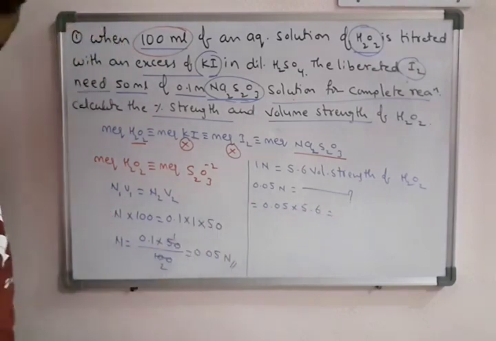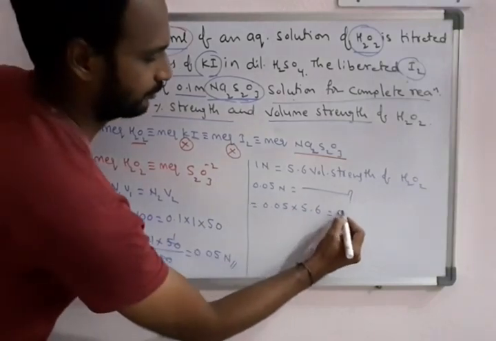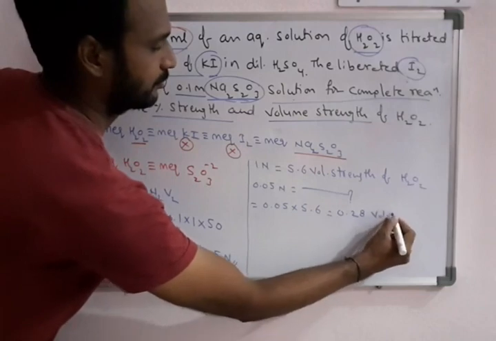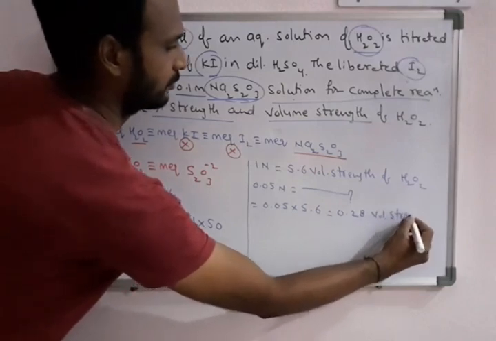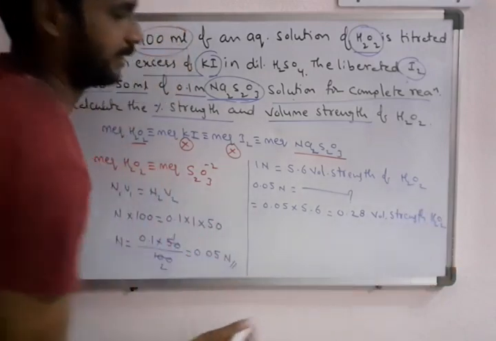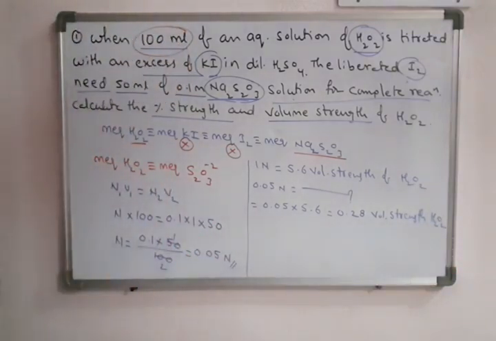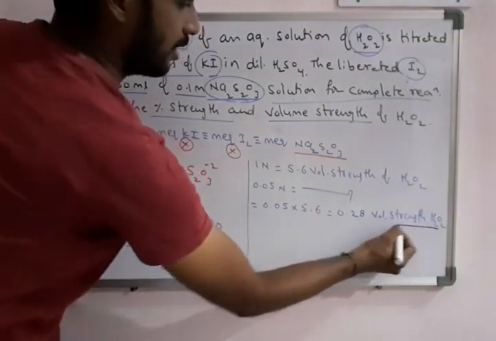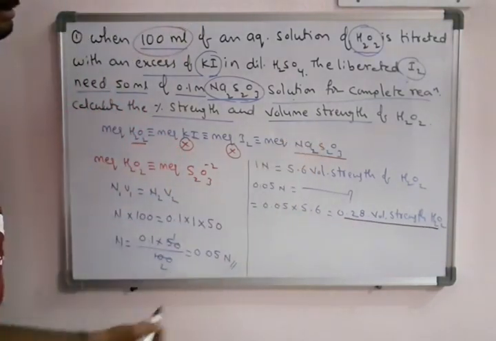This calculation approximately gives 0.28 volume strength of hydrogen peroxide. Okay, this is the volume strength, first part.